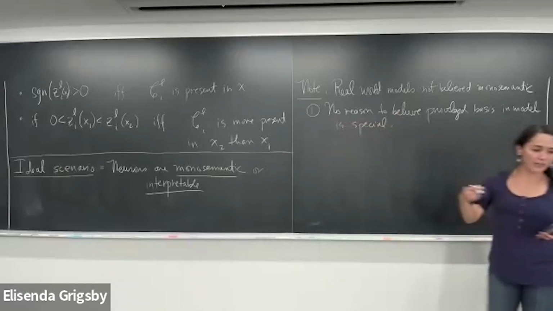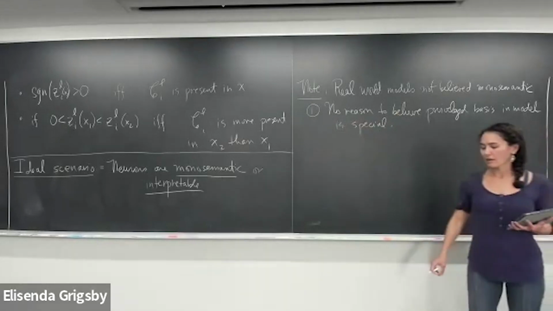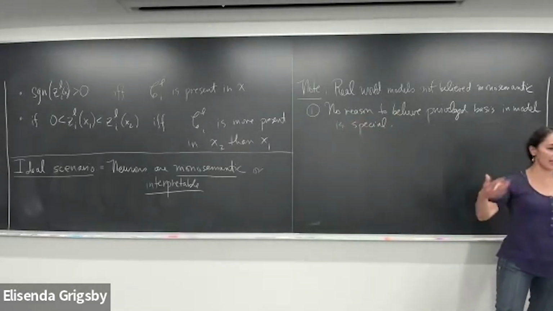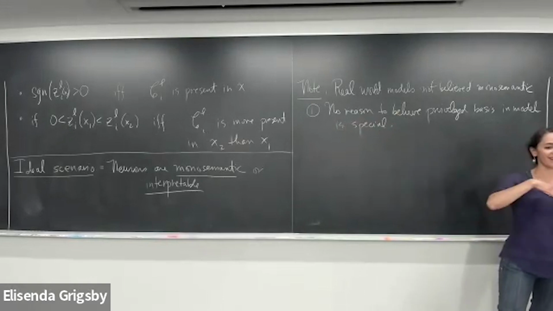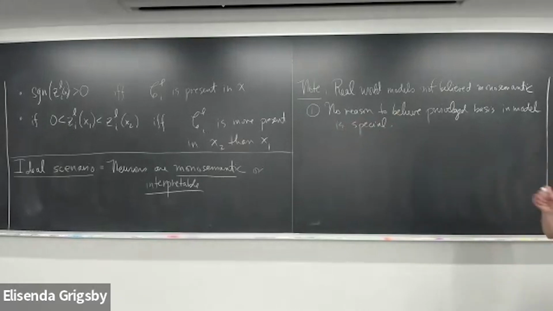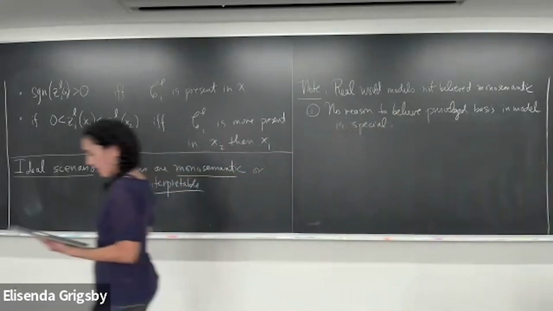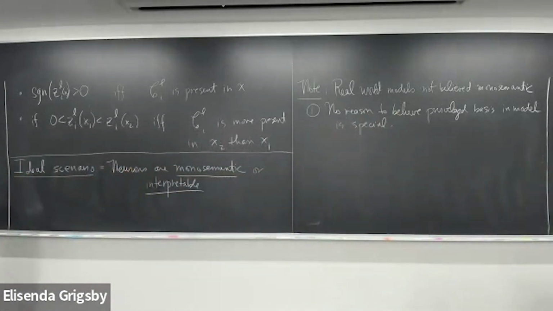In a lot of cases, and we'll see this later, a lot of redundancy comes out of the fact that there are standard ways to change your basis that play well with your activation function, so that you get another basis and the model is exactly the same.